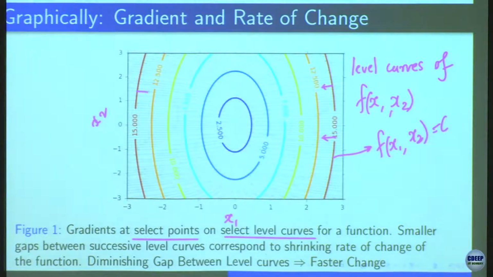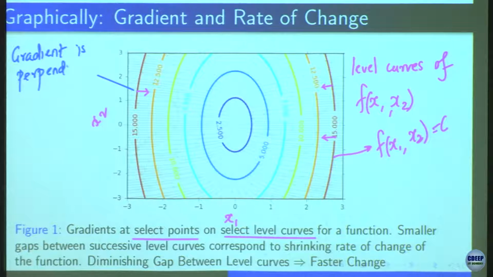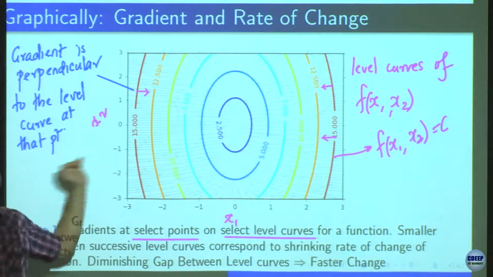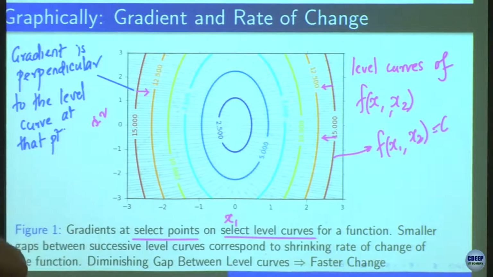So, take this point. The gradient is perpendicular to the level curve at that point, and as you can see, it points in decreasing value of the function.